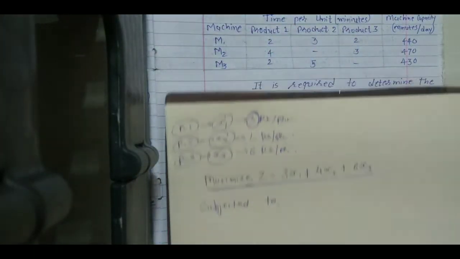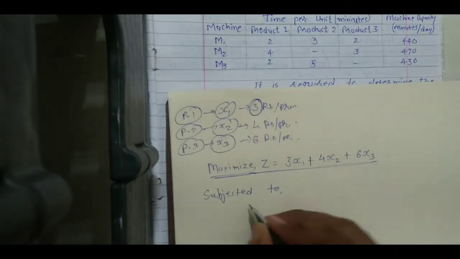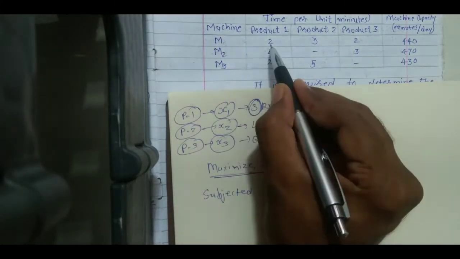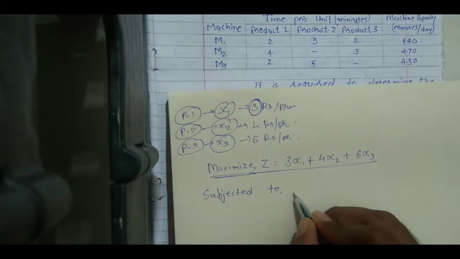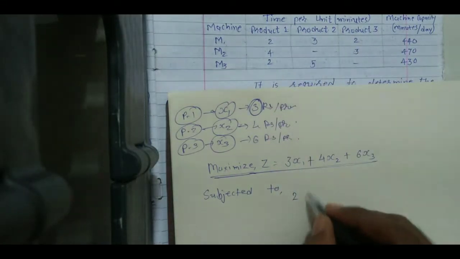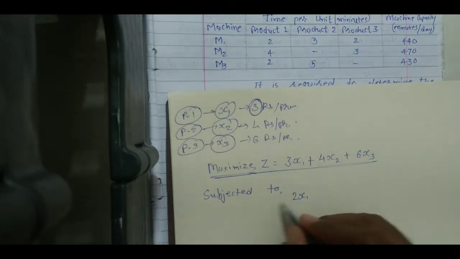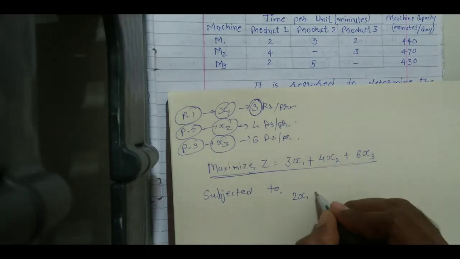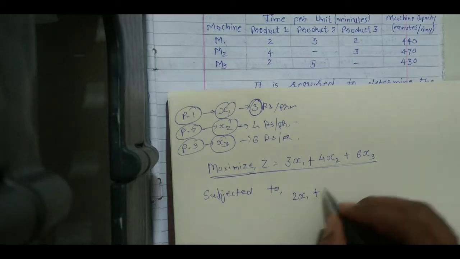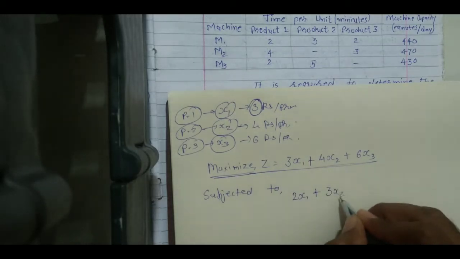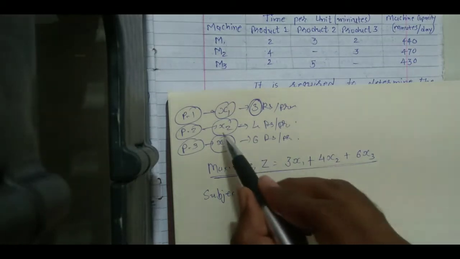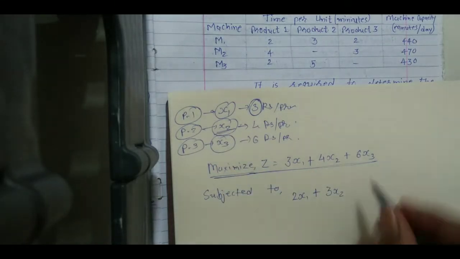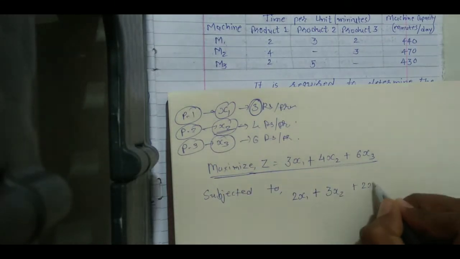So see here, the constraint for machine 1: suppose we are considering 2 for product 1, the machine time, and we are producing x1 products, so 2x1 for machine 1, 3x2 because we are producing x2 products as per the decision variables, plus 2x3.